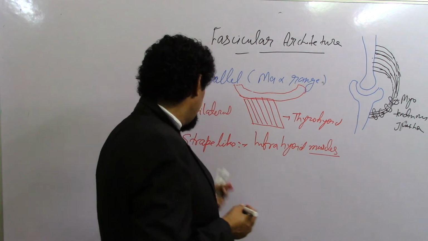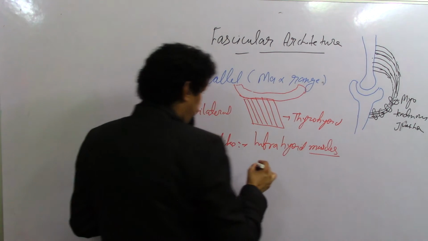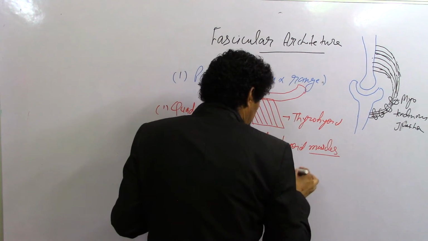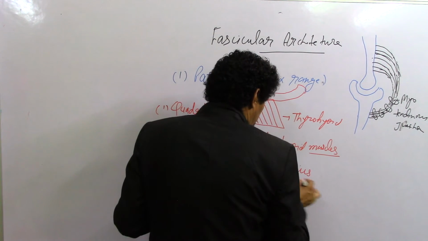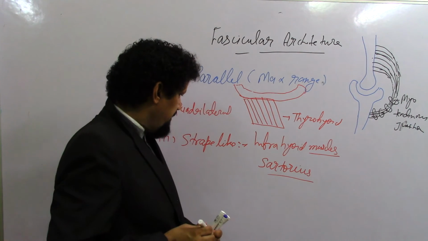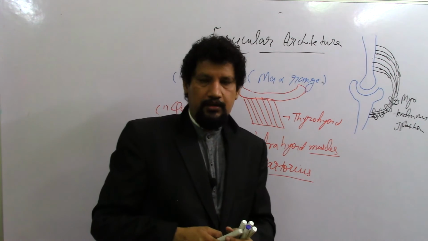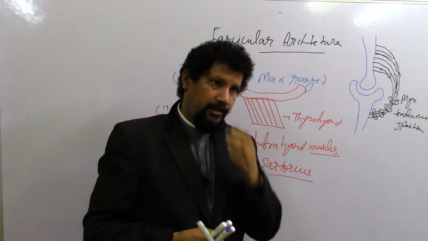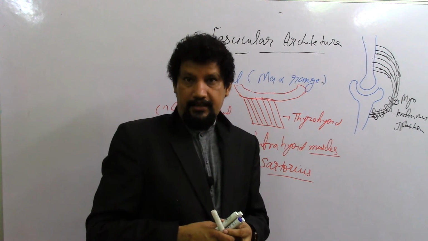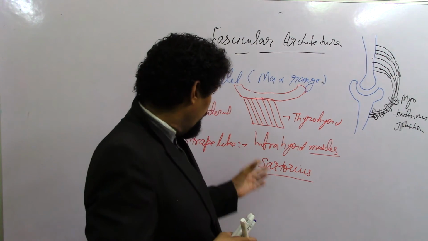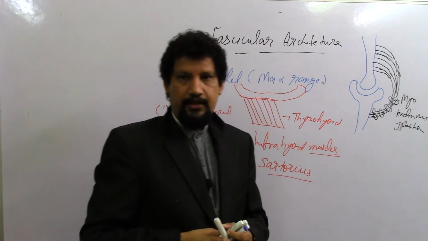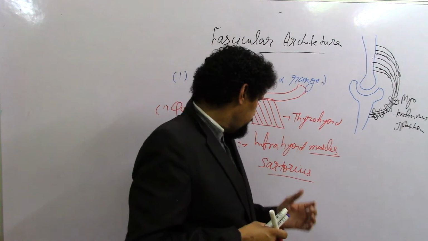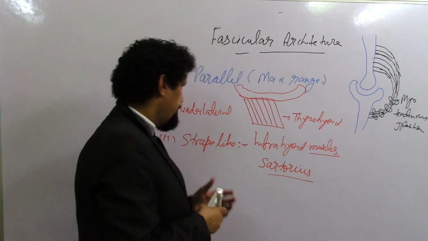This type of pattern is also seen in the sartorius muscle, extending from the hip bone, crossing the hip joint and also the knee joint, a long muscle also known as tailor's muscle, due to flexion of the hip joint and flexion of the knee joint.